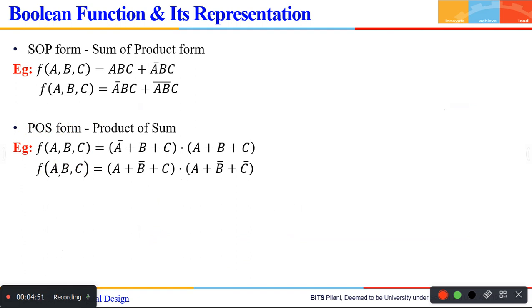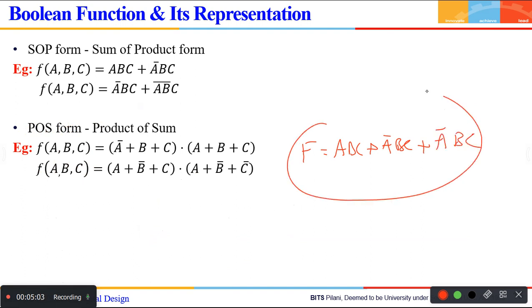If I have an equation, something like f is equal to abc plus a bar bc plus a b bar c, this is nothing but a Boolean equation, or it can be called a Boolean function. Either you say Boolean function or Boolean equation, whatever it is.